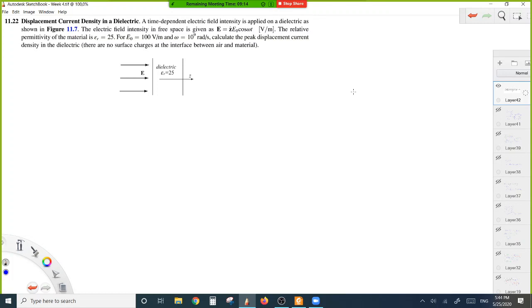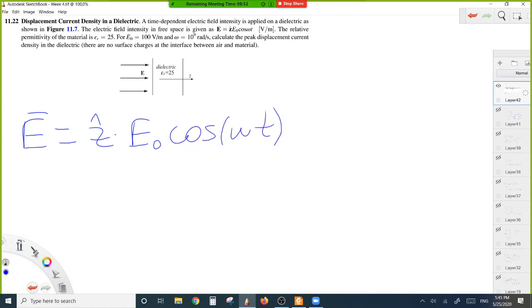In this figure, the electric field intensity in free space is given as E equal to Z multiplied by E0 cosine omega t.